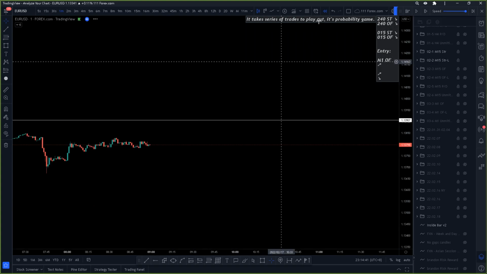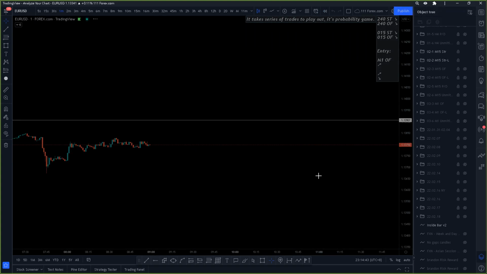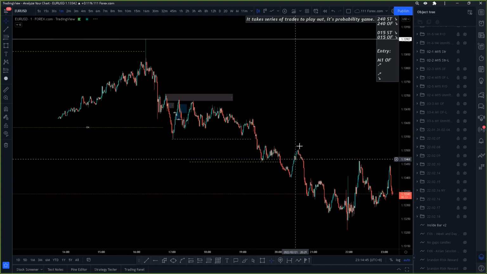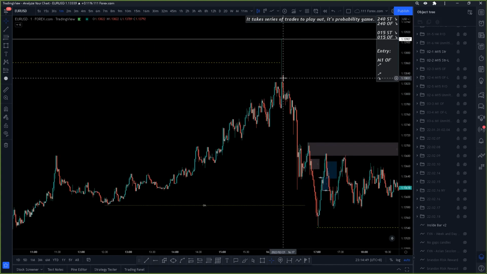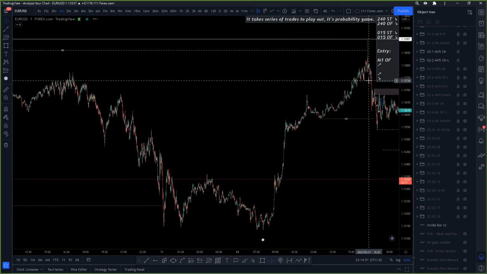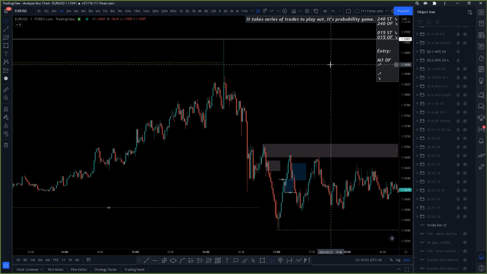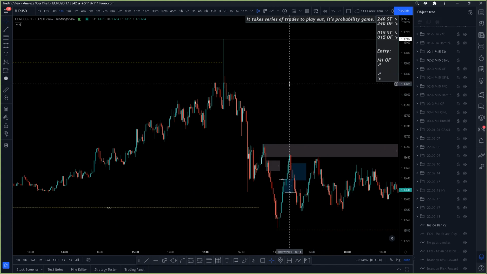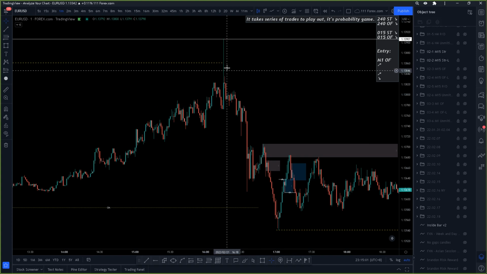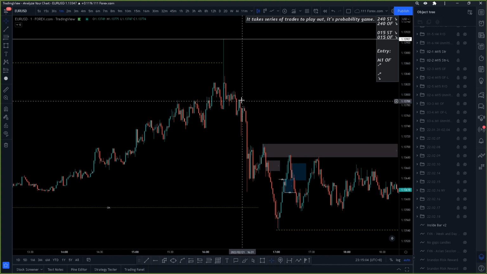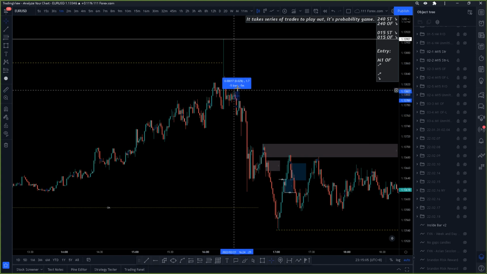So the entry from there was chalk, flip. I was trying to, like, 8.5 pips. Okay, smash still here.